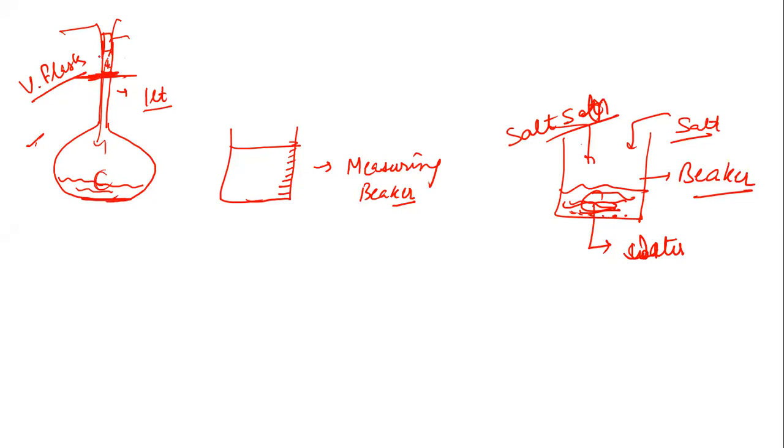It's not that you fill past it and then take some out. No. Fill up to this point and then add drop by drop, so that the upper meniscus will be, suppose this is the marking, something like this. Clear? Got it? Okay.